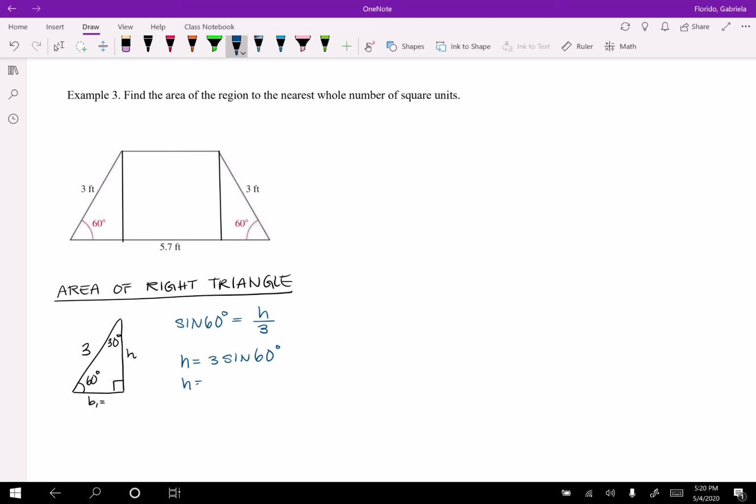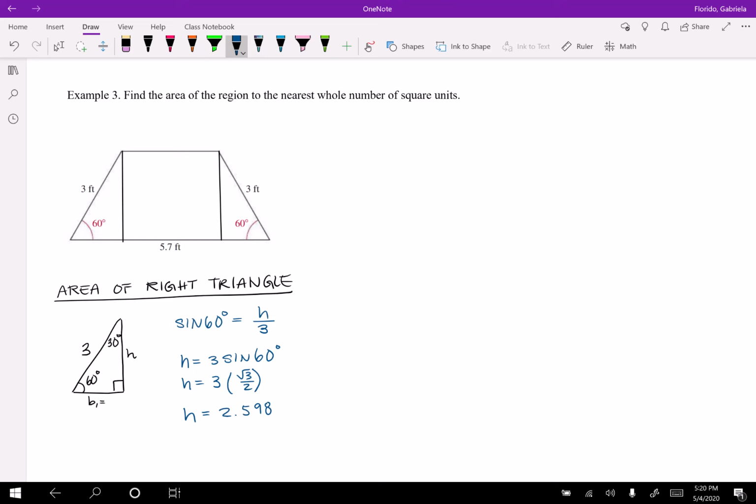And we know that sine of 60 degrees is the square root of 3 over 2. And if we plug this into our calculator, we get that this is approximately 2.598. So it's not the nicest number. So I'll just leave it with all of those numbers after the decimal.